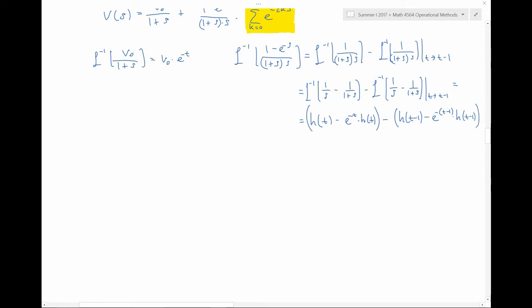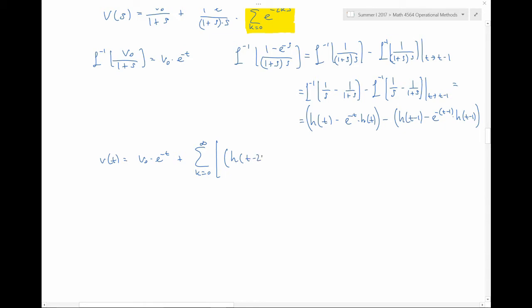So this is the inverse Laplace transform of a single period, and therefore v of t will be the sum of the first term, which is v naught times e to the minus t, plus the sum, k going from 0 to infinity, of this big term. We get h, and we have to shift it by 2k.